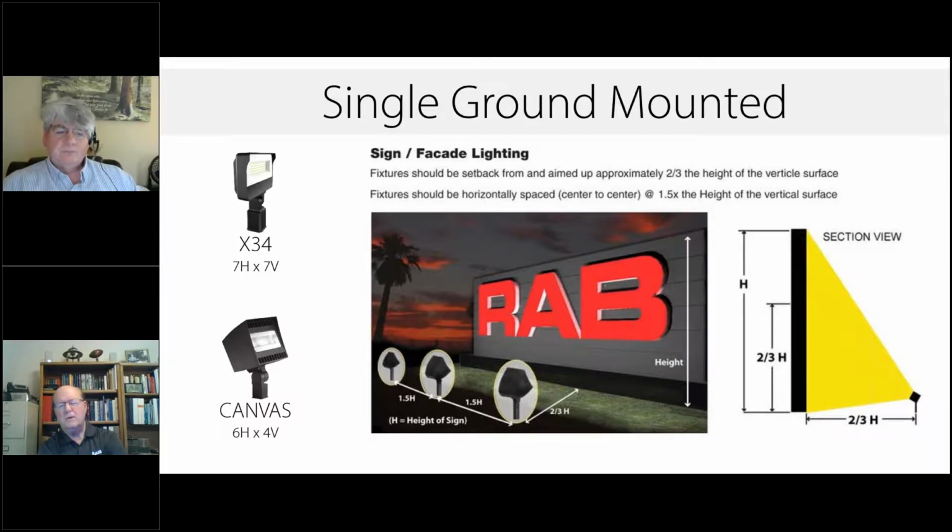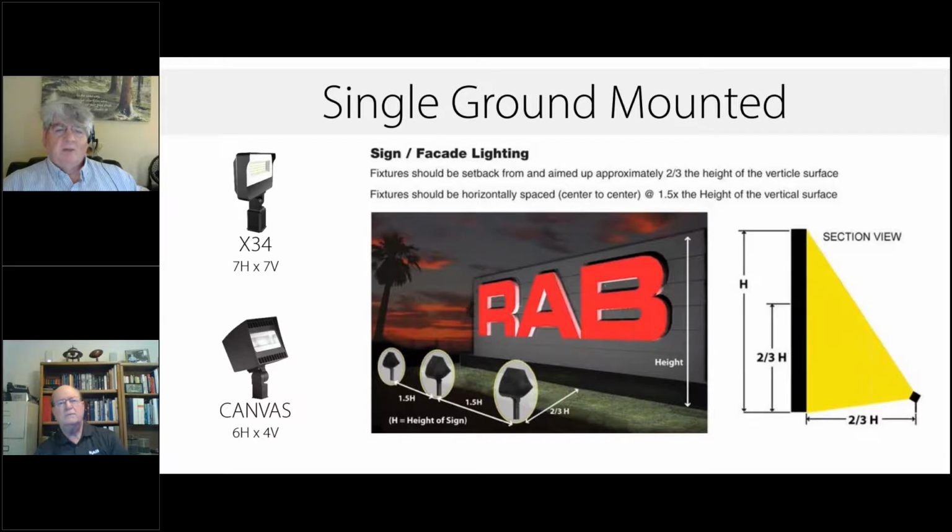Yeah, so these are little rules of thumb that once you get them in your head, they're pretty simple to remember. You take that distance away, aim it up 2/3 of the wall, and if it's 20 feet off, then it's 1.5 times, so it's 30 feet in between fixtures.